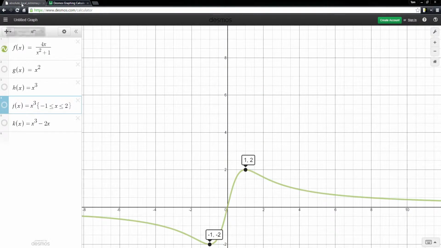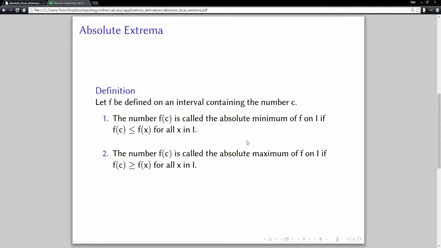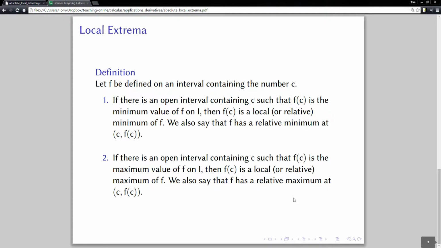So the next idea that we want to look at is the idea of the relative or local extrema. I'll probably switch back and forth between those two words, local and relative, but they mean exactly the same thing.